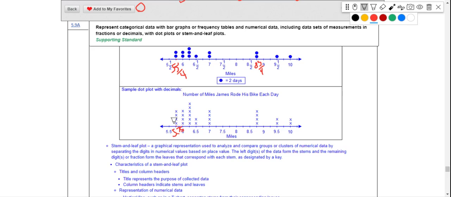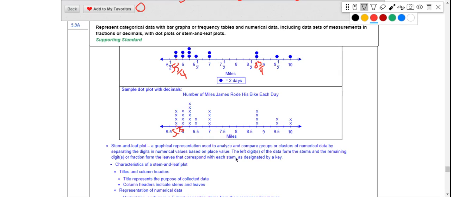That's why there is no X here or no dot. How about 5 and 75/100ths? How many times did he ride his bike 5.75 miles? 1, 2, 3, 4. 4 days. Okay. How many times did he ride his bike 6.5 miles? 2. 1, 2. All right.